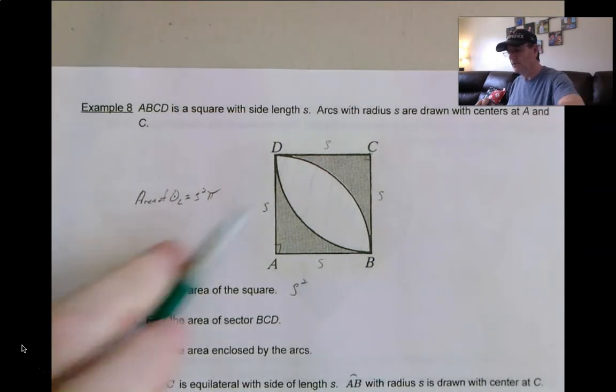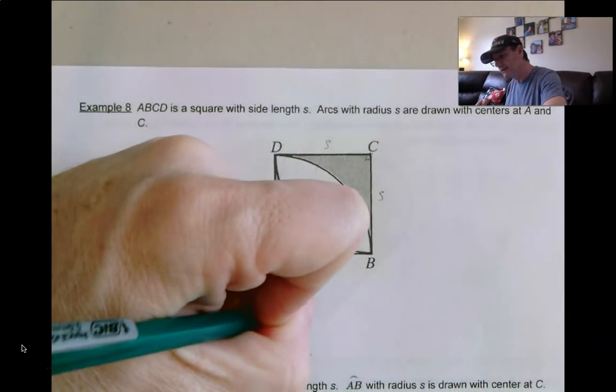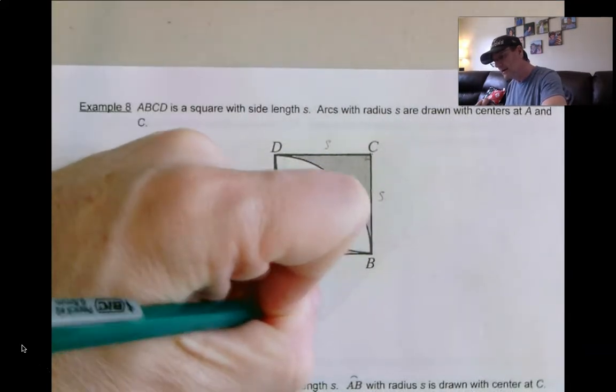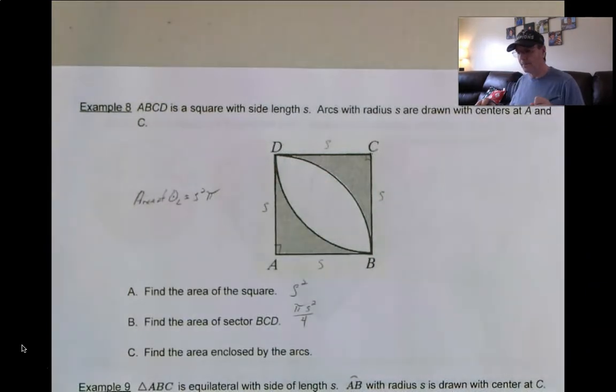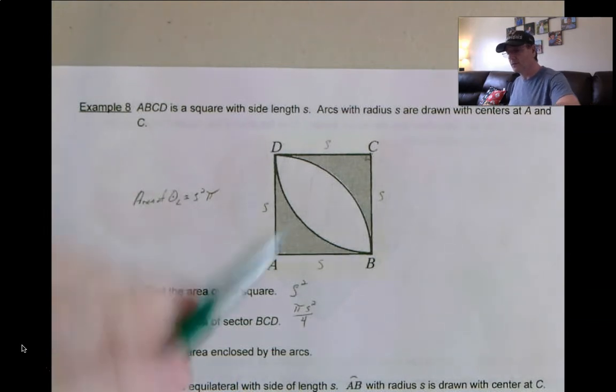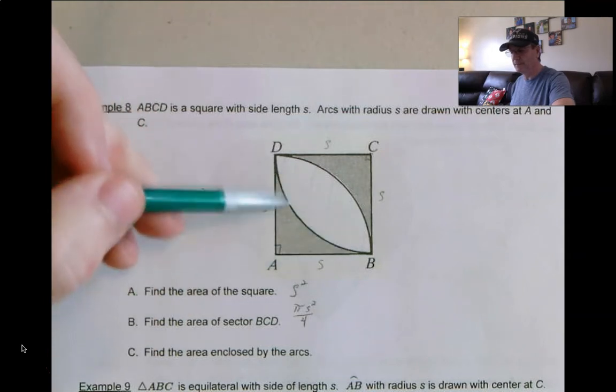And we want 1/4 of that because that's this area, this sector. So pi S squared over 4. And we want to find the area enclosed by the arcs. So we're going to find the white, the unshaded region.